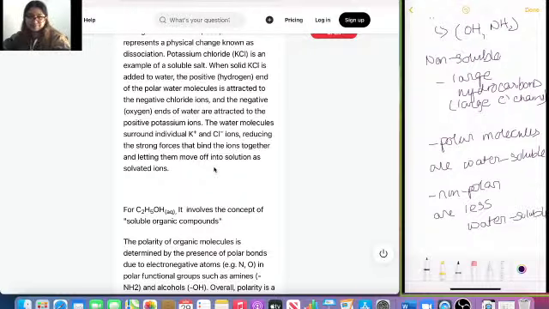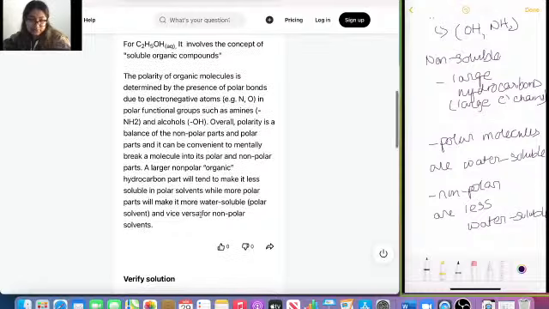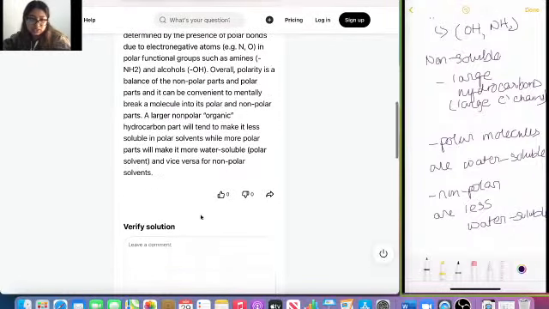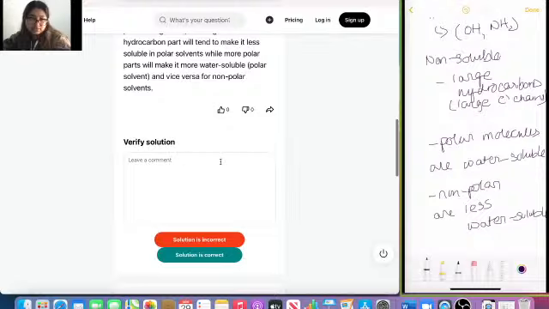Okay. And this is what they have over here. So a larger non-polar organic hydrocarbon will be less soluble, and so more polar would be soluble in water, and so this is correct.